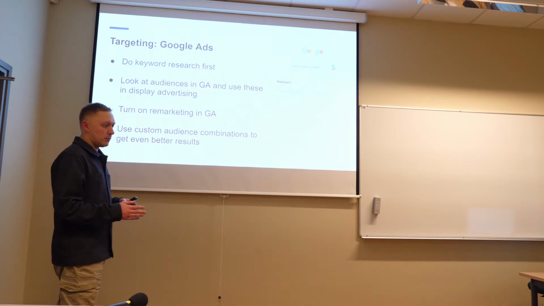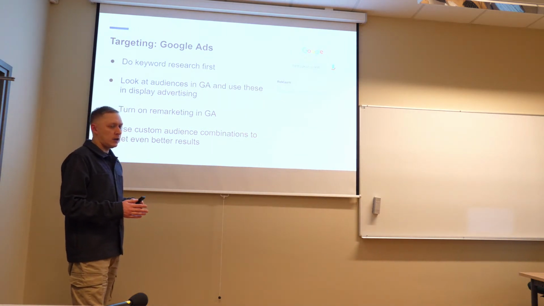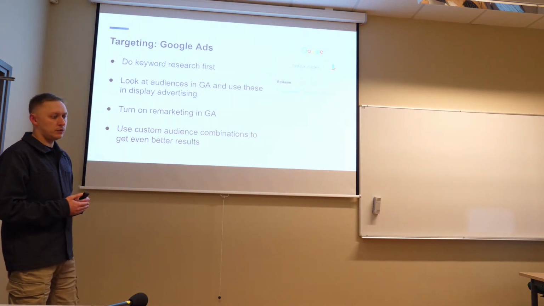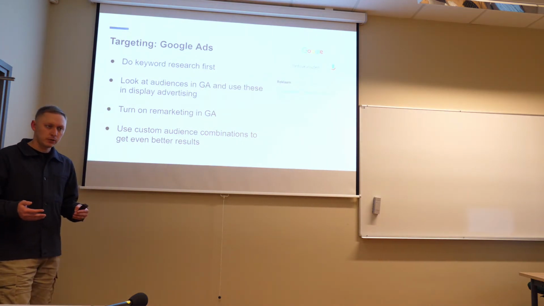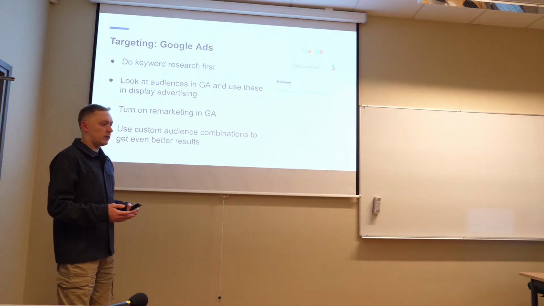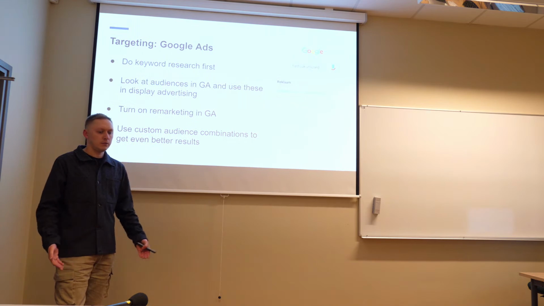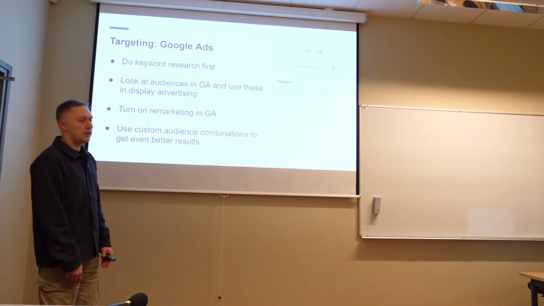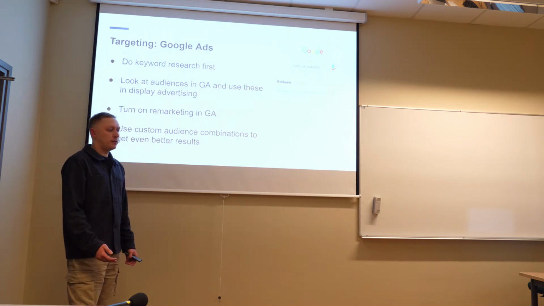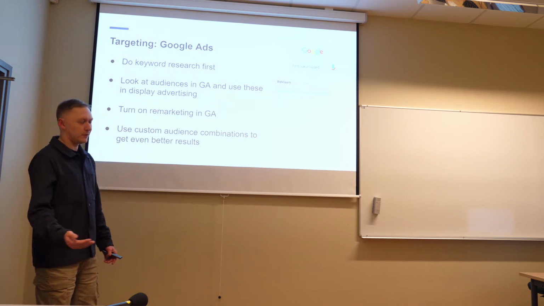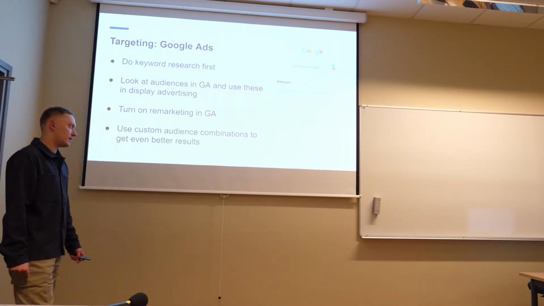When you're setting up a new ad account, the first thing you really need to do is think about your product. Let's say you sell water online, then your keywords would be water, mineral water, easy things like that.